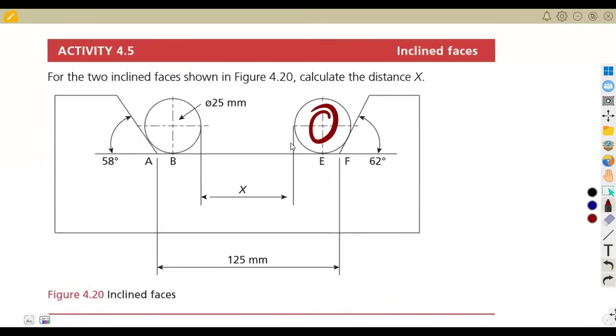And our x is from the end to the end, from the end here up to the end here, that is where our x is. So working with this distance of 125, you see that it's going to be limited because it is limited up to this here, up to this here.